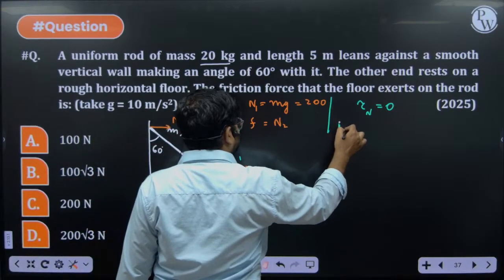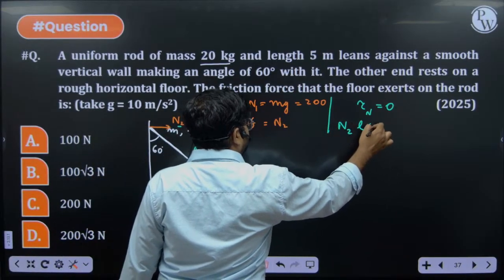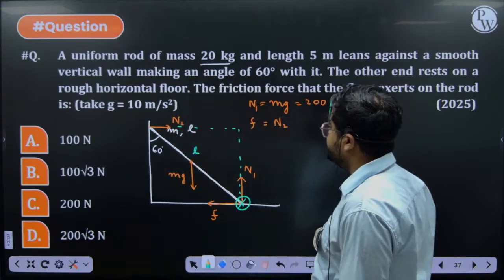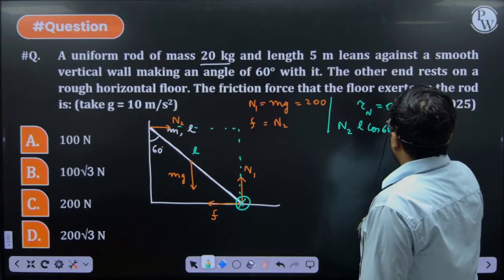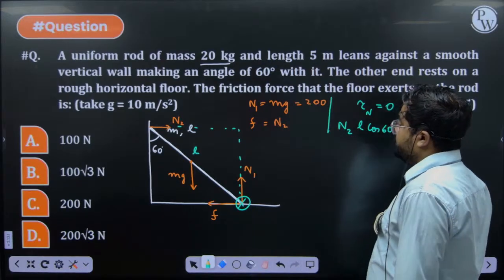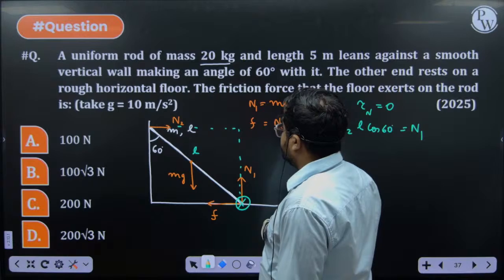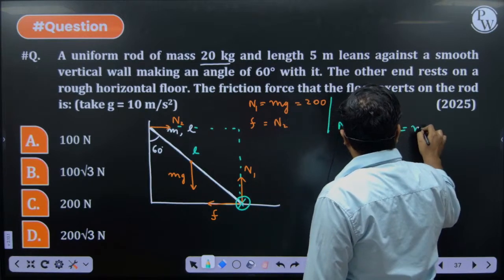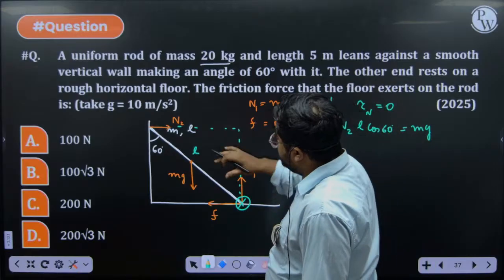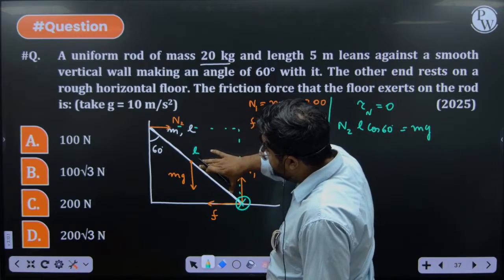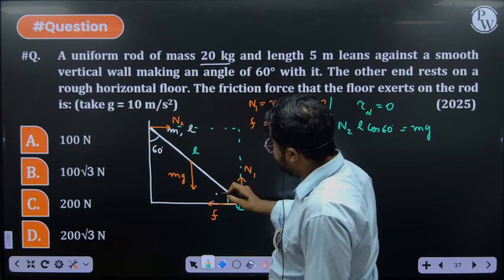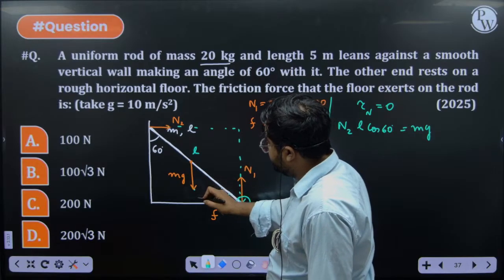So I can say N2 into L cos 60, this is the torque of N2 about this point, is equal to mg into, this is L by 2, right? And this is 30 degree, and this is the perpendicular distance.